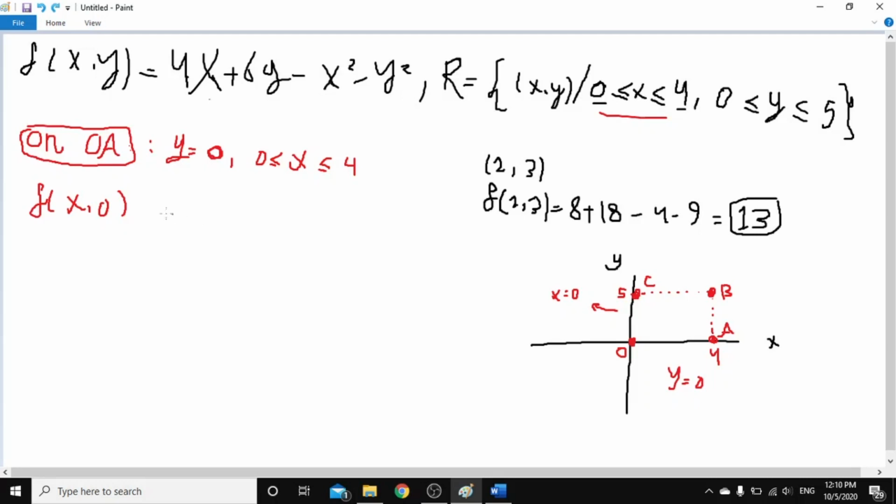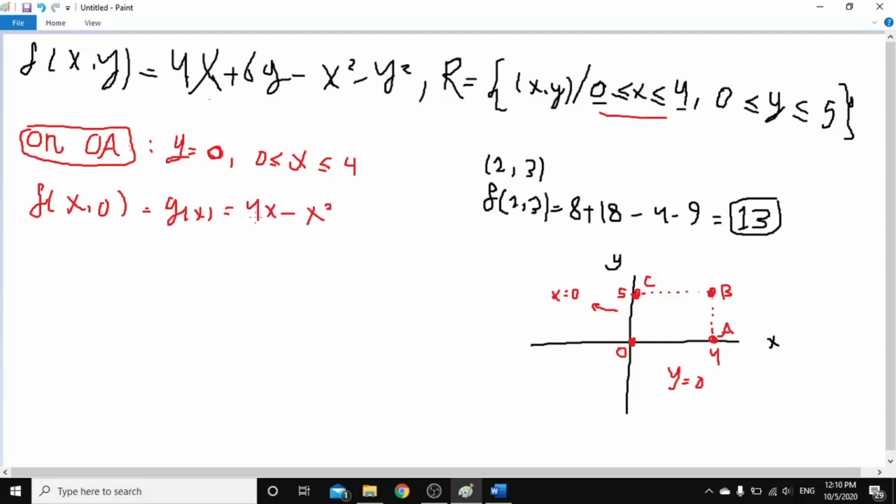So let's name this function g of x. It's just a name, that's okay. And g of x is going to be equal to 4x minus x squared.